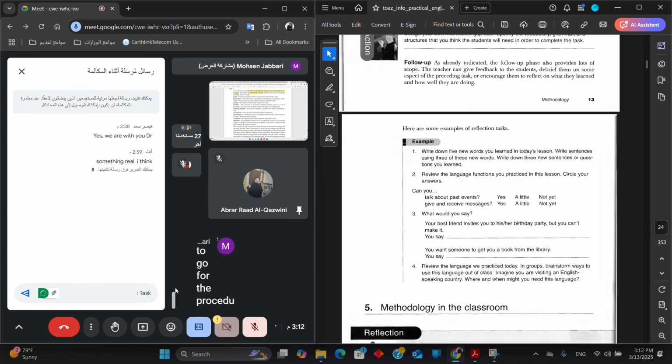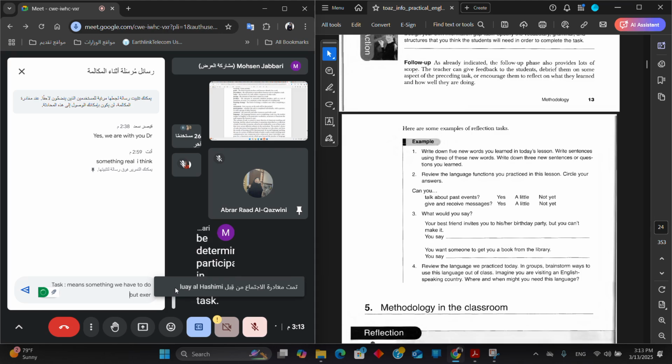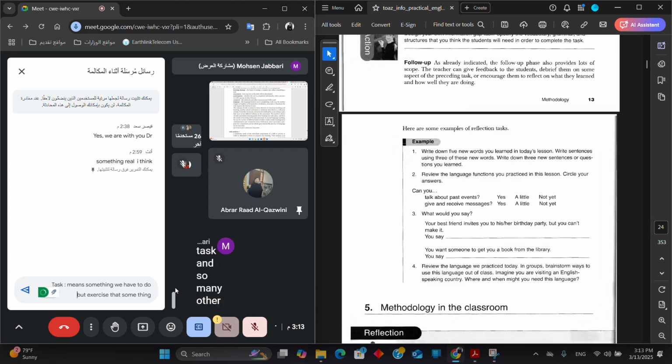We mean the operations or procedures learners use to complete a task, order, the location of a task within a sequence of other tasks, pacing, that means the speed or the amount of time you allocate on completing a task, or learning strategies, the type of assessments you want to have, how success on task will be determined, participation in a task, whether you're supposed to work with a partner, with a group of other learners, resources, what type of materials have to be covered, the type of language you want to use for completion of a task, and so many other points to be mentioned in a classroom of theories.